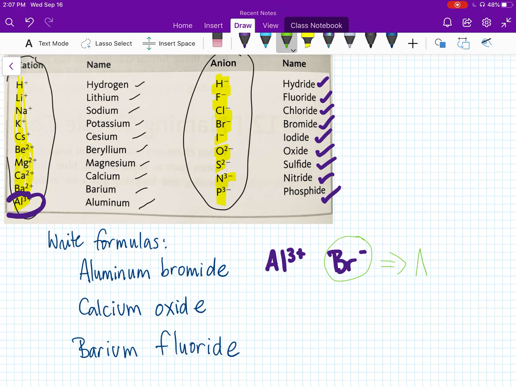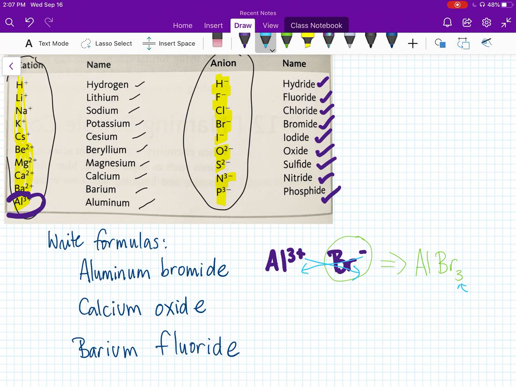So the formula of the resulting compound is going to be AlBr3. A little shortcut to help you do that is to bring the absolute value of the ion's charge down to become the opposite subscript. So we see that the 3 comes down to make the subscript here.